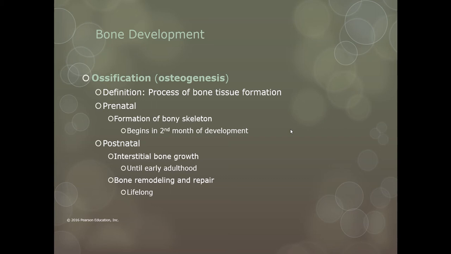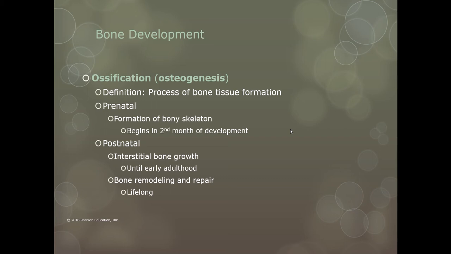And then we have all of our childhood growth processes that occur postnatally, so we can get taller. And then we also have this lifelong remodeling and repair that also takes place. So when we think of our life postnatal, right after we are born, we have childhood and we also have adulthood. And so different things go on in those three different life stages.